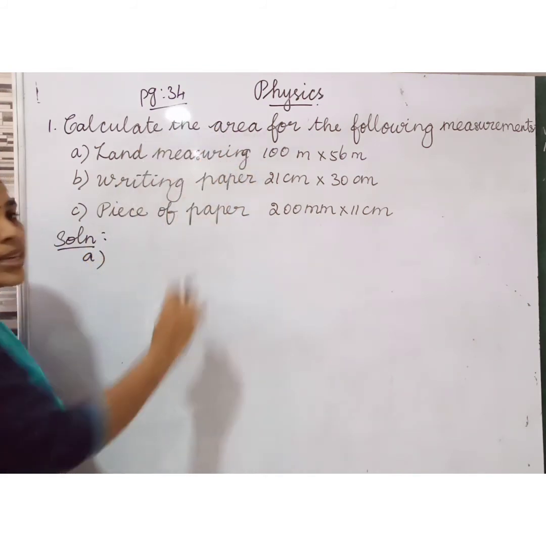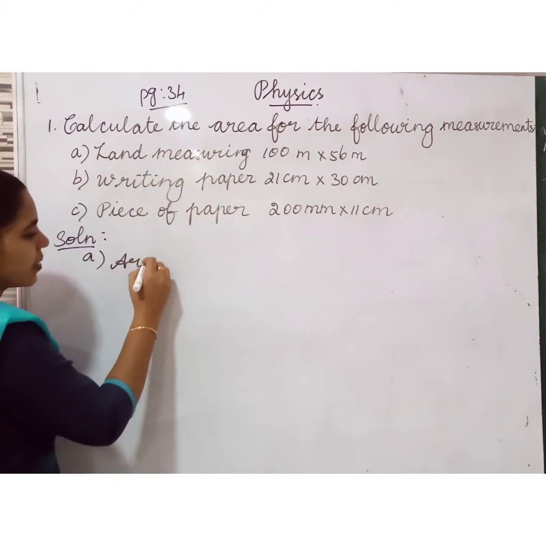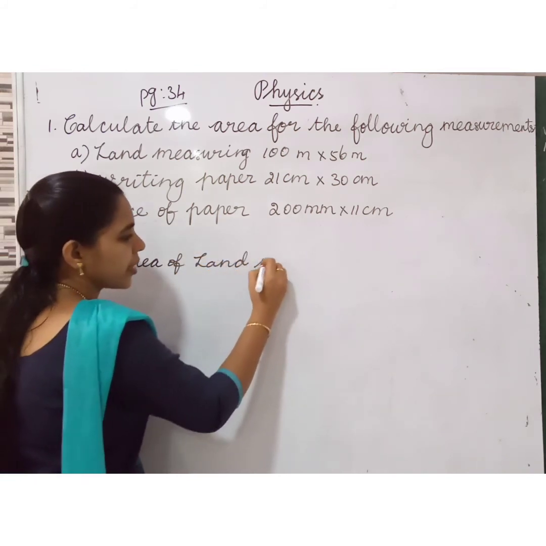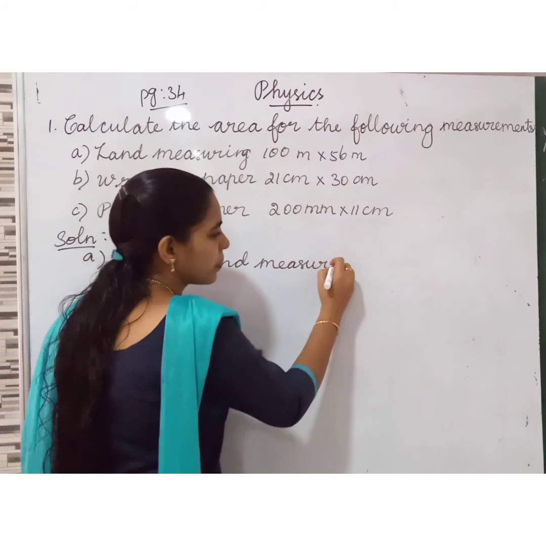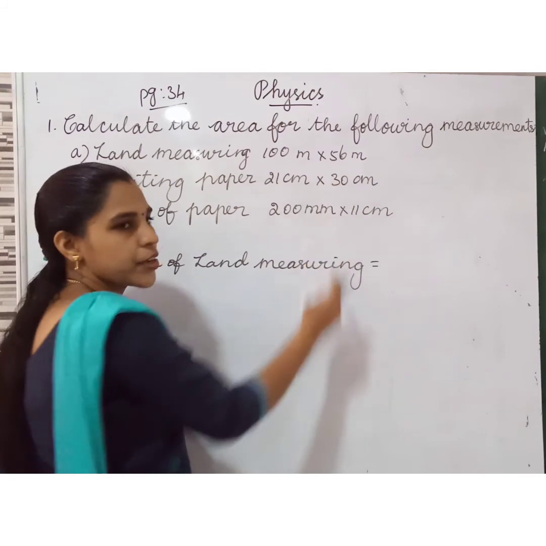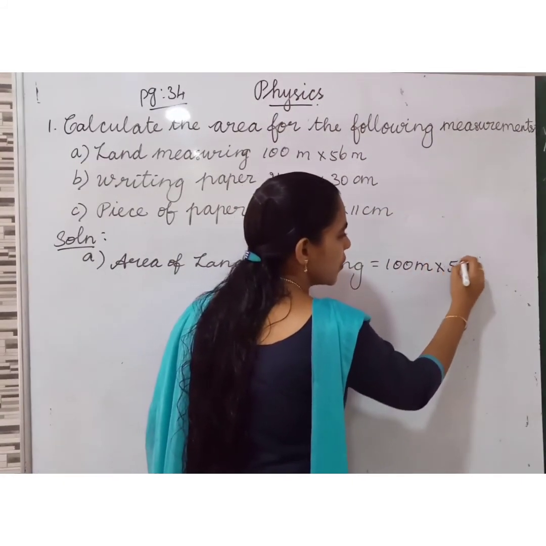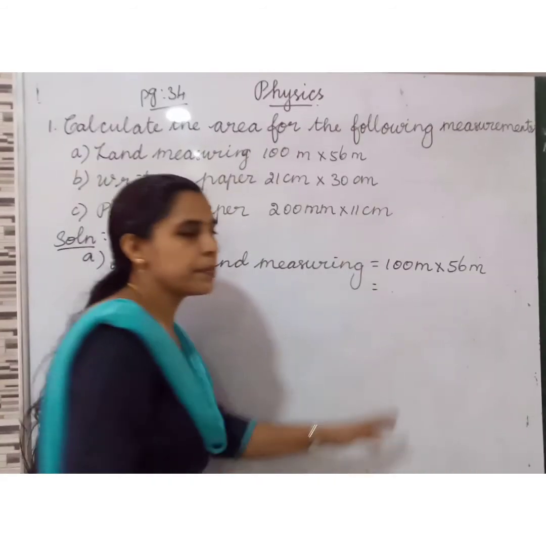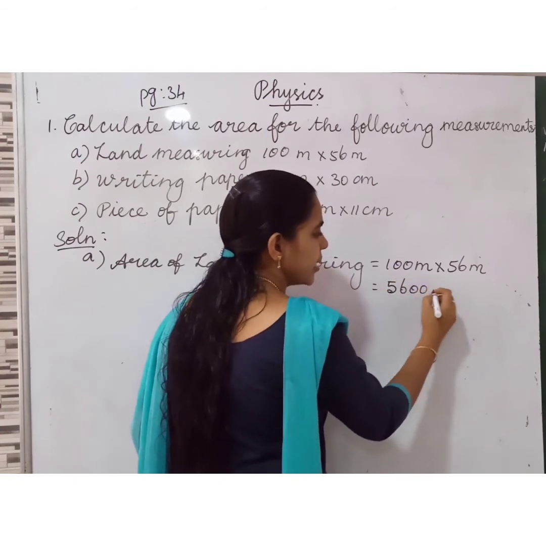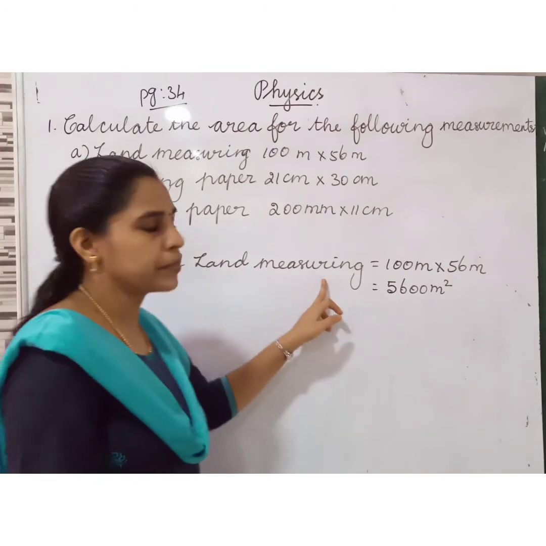The area of land measuring is equal to 100 meter into 56 meter. When we multiply these numbers, 5600 meter square. This is the area for land measuring.